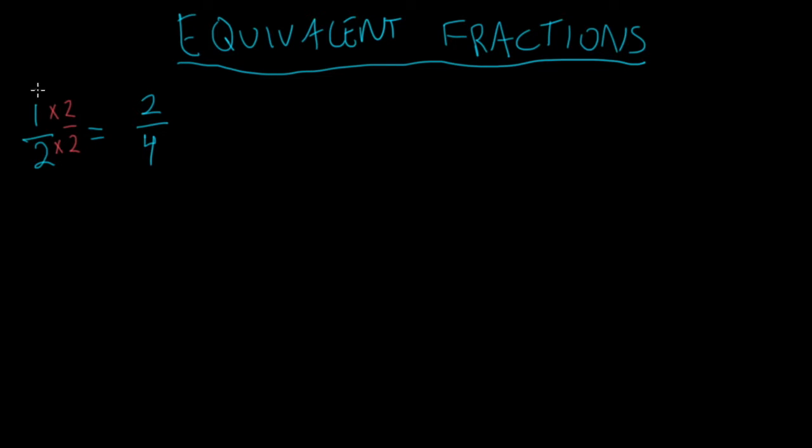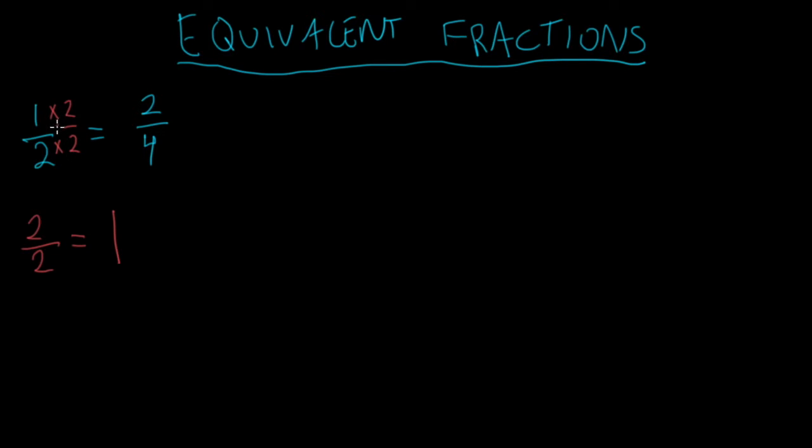The reason we're allowed to do this is because 2/2 is simply equal to 1 whole. You've eaten 2 slices of pizza out of 2 pieces, so that's 1 whole pizza. Anytime we multiply a number by 1, it simply equals itself. So we're allowed to do this.